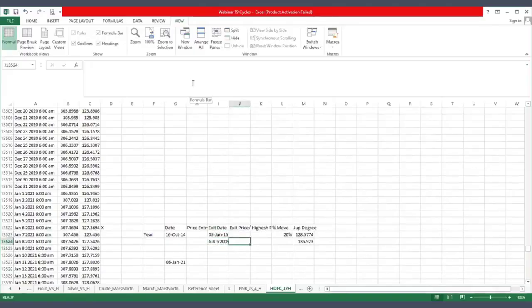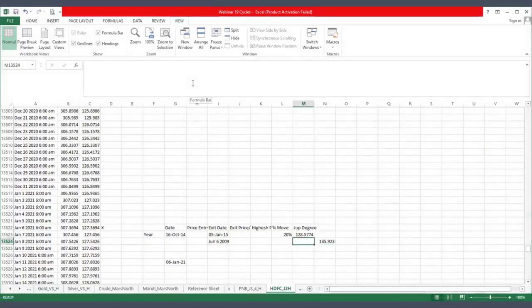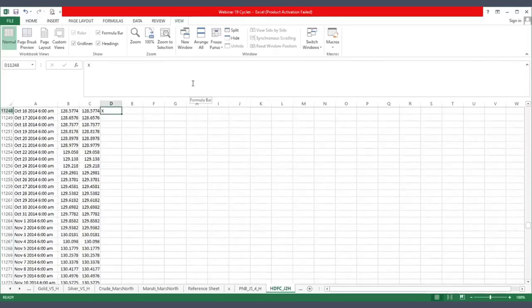Okay, so 6th of June is this degree of Jupiter for exit. Okay, and we took 128.5 something here. And let's also check for 5th of January 2015. What was the degree for exit? Okay, 5th of January 2015.